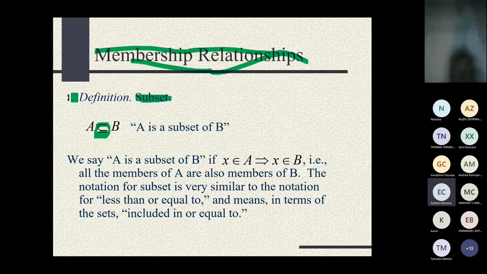It must be there for a subset. We say A is a subset of B if X is an element of A, which implies that X is also an element of B. That is, all the elements of A are also members of B. The notation for subset is very similar to the notation for less than or equal to, and in terms of sets it means included in or equal to.